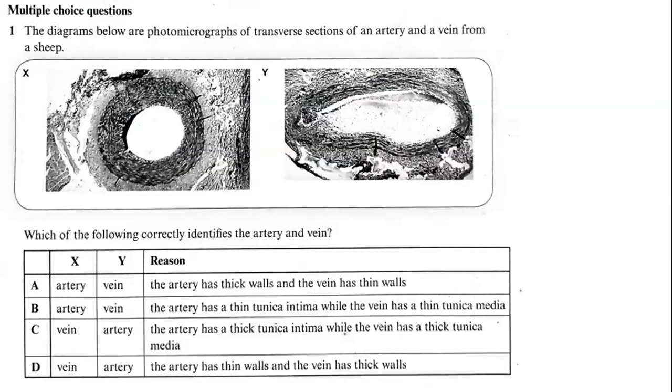Yes. Okay. Ali, why do you agree? What do you think? Because of the size of the lumen and the thickness of the wall. Very good. Which lumen is bigger? The vein, Y, is bigger. So the vein has a larger lumen and the artery has a smaller lumen.